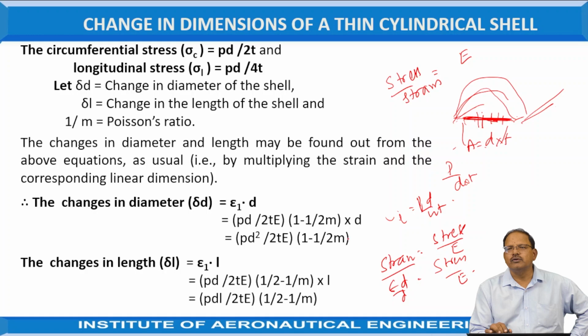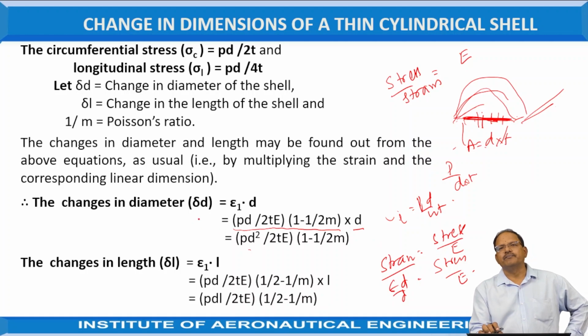When longitudinal strain is acting, the lateral strain always acts in the opposite direction, so that dimension decreases. Hence the net increase in diameter is given by the strain PD divided by 2TE times (1 minus 1 by 2m), multiplied by D. From this relation we get PD squared divided by 2TE times (1 minus 1 by 2m). This is known as the change in diameter.